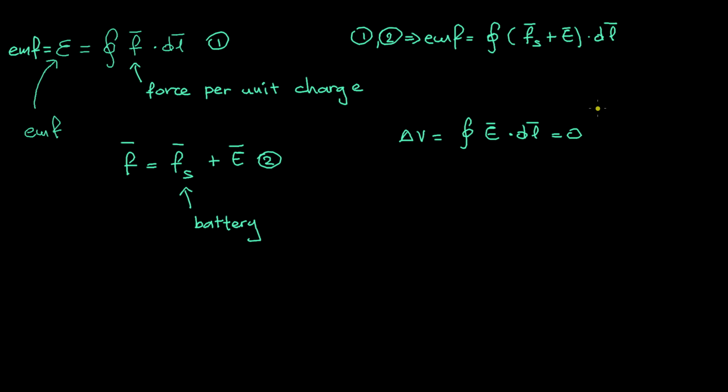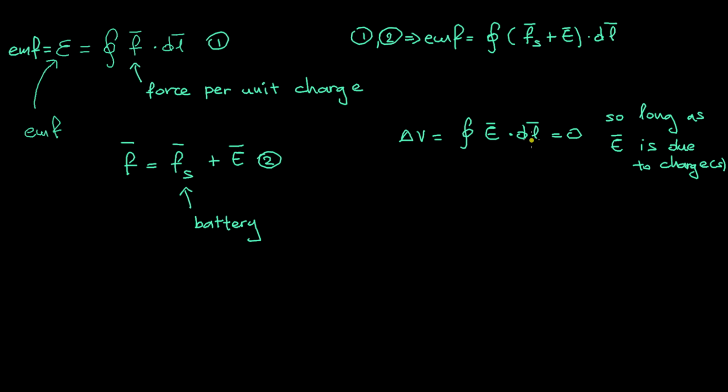Now, I want you to remember this though. This is a true statement. The closed path integral of E dot dl is a true statement so long as E is due to charges.